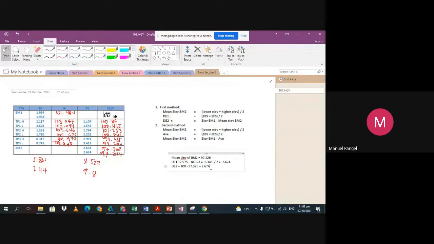So that is equal to divided by 2.674. So the average is 2.674.